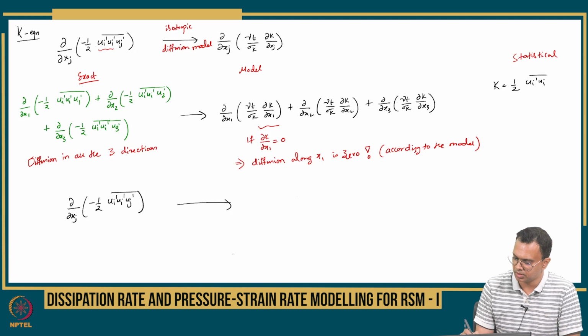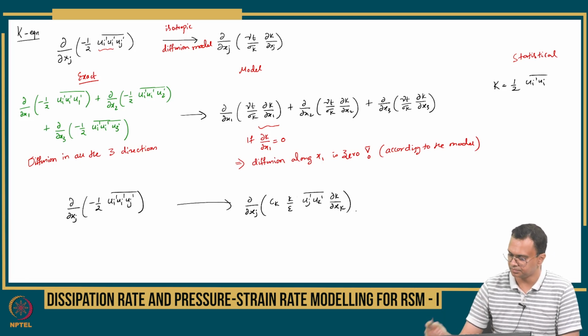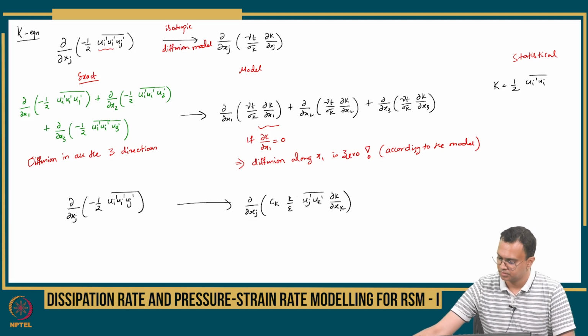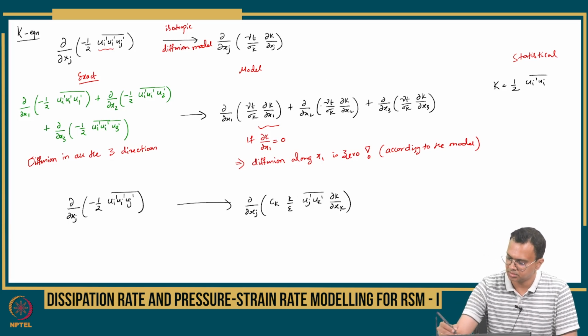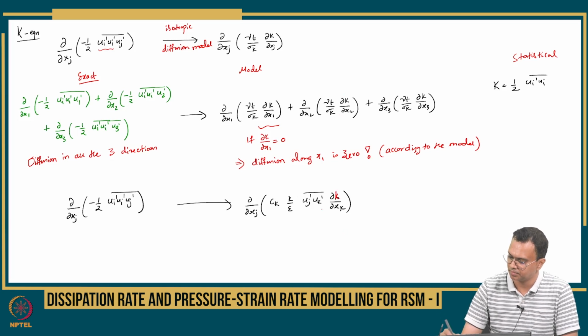This is now modeled as dou by dou xj of ck k by epsilon uj prime uk prime, and then dou k by dou xk. Here this k represents turbulence kinetic energy, and the other k is the index.